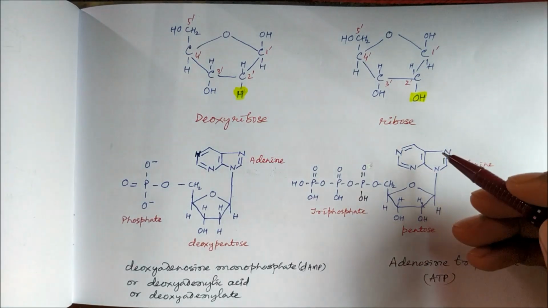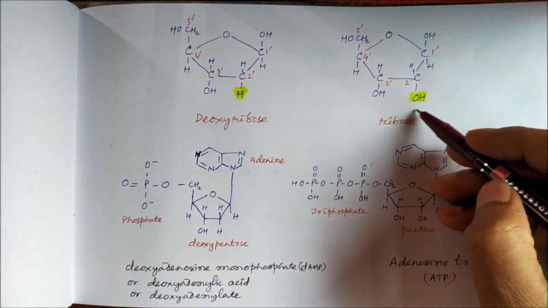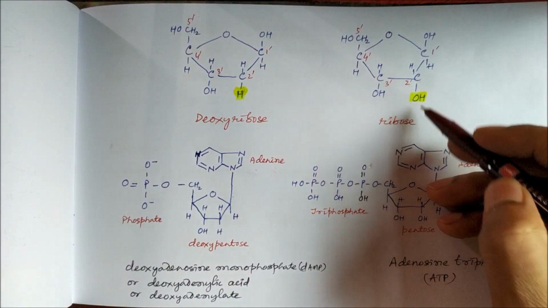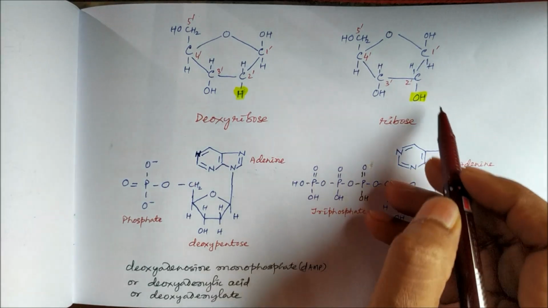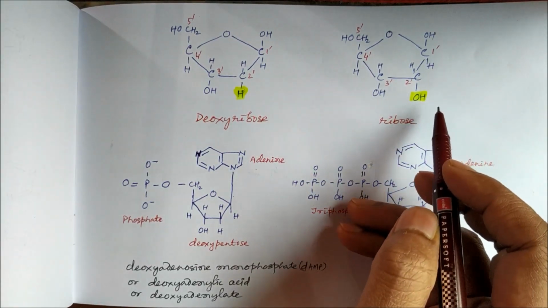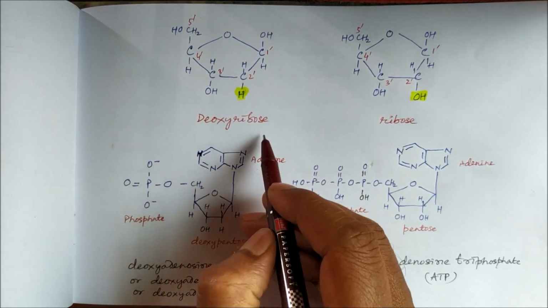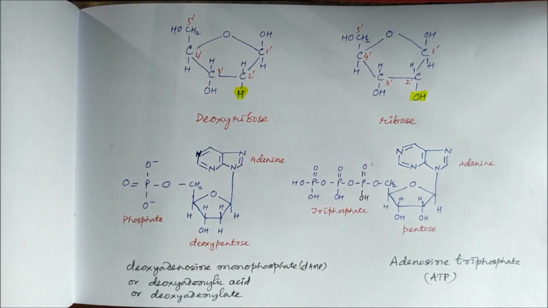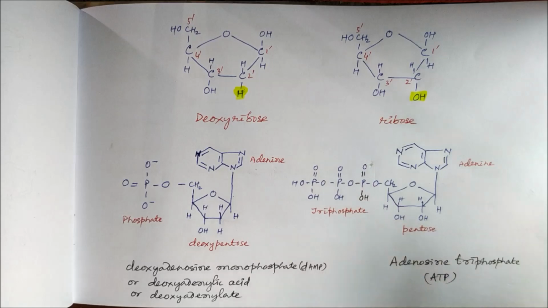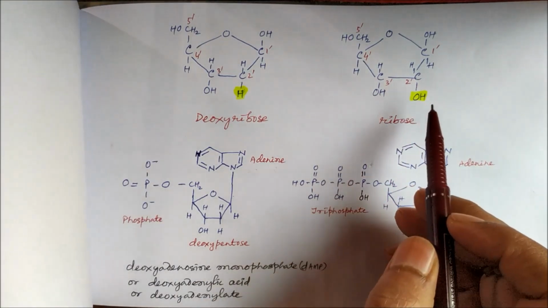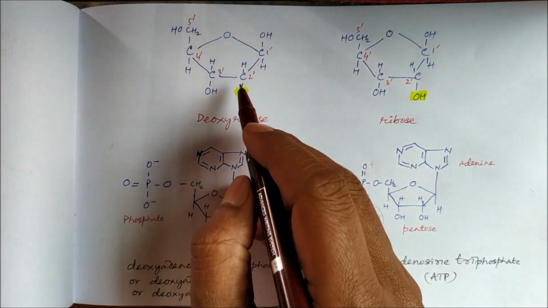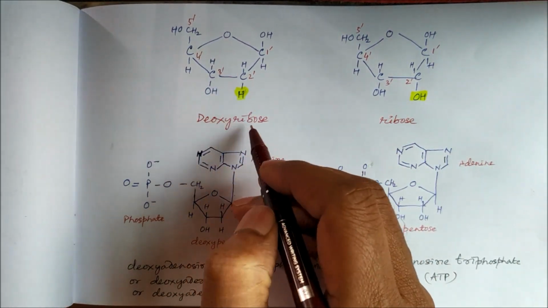The ribose sugar has a hydroxy at the 2 dash position, and this hydroxy is replaced by hydrogen in deoxyribose sugar. So based on the sugar we can have the nucleic acid: in ribonucleic acid the sugar is ribose, and in deoxyribonucleic acid the sugar is deoxyribose.